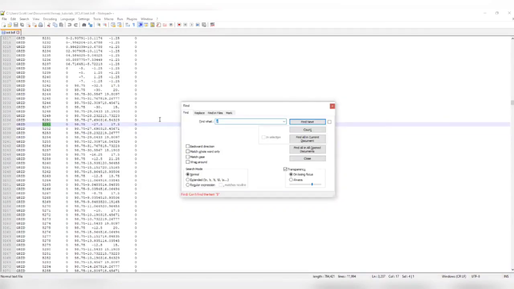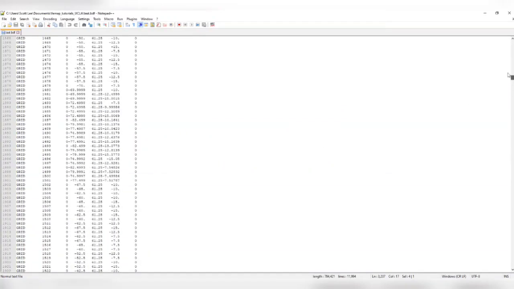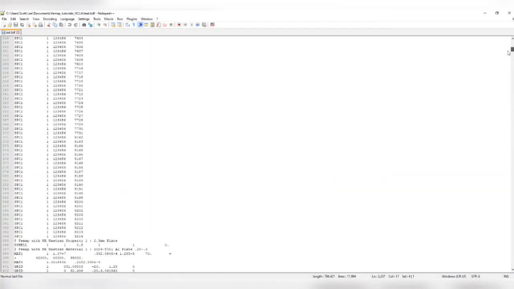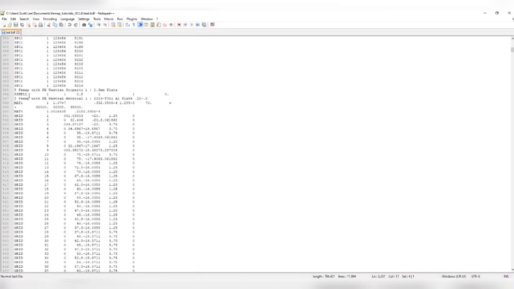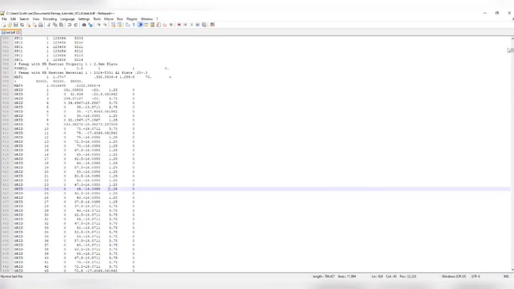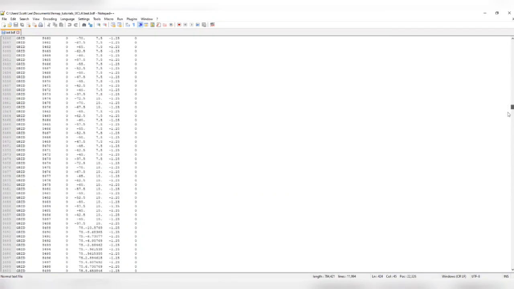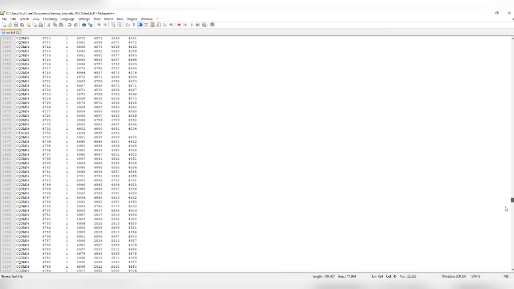Here's your PSHELL property card. Here's your MAT card. We're defining it as aluminum. And then here are all your GRID point cards, where they're located in space. And then your CQUADs and CTRIAs, how they're connected.